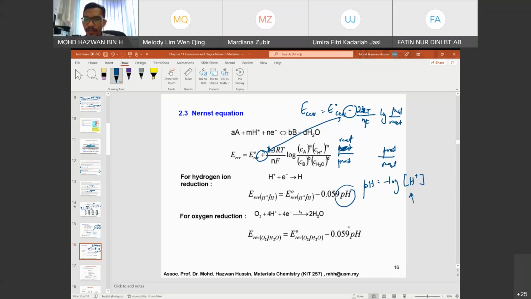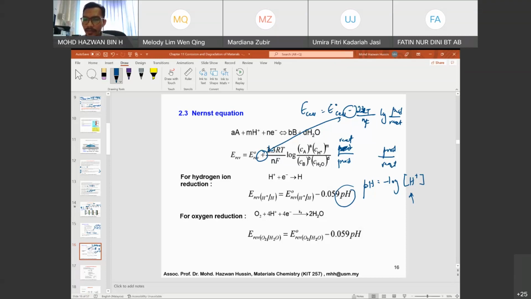So if you substitute over here, you'll see that it becomes minus 0.059 negative log H plus, and negative becomes plus. Another thing is that over here it is noted as 2.303 RT, and over here it is noted as 0.059. So what is the difference?